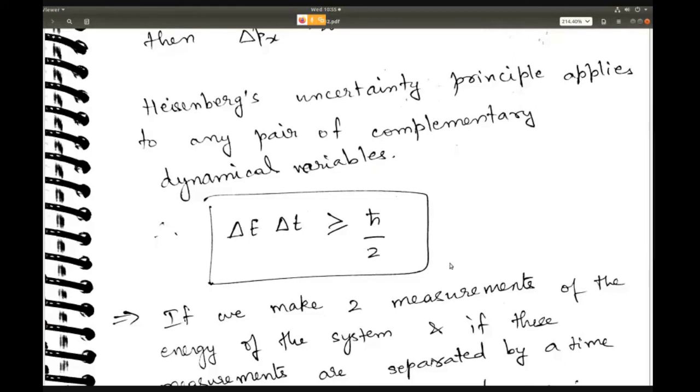But if you open the box, then you know for sure whether the cat is dead or alive. So it goes to one of the states, right? This is a thought experiment he was using to explain to Einstein what you mean by the superposition principle.